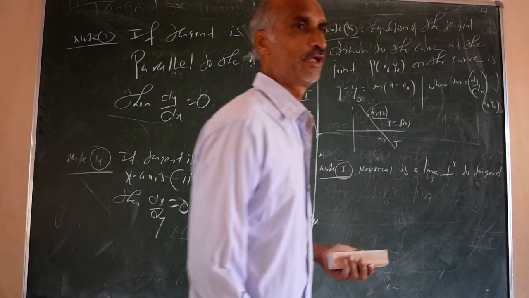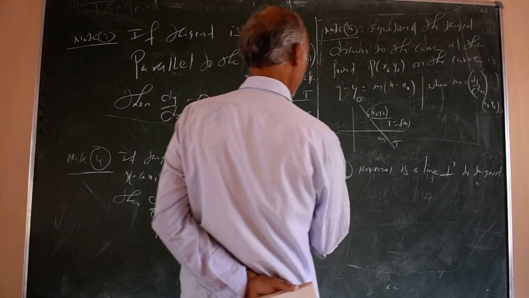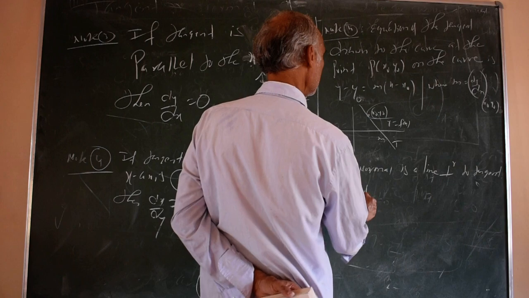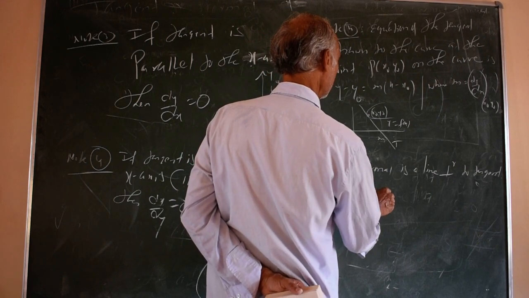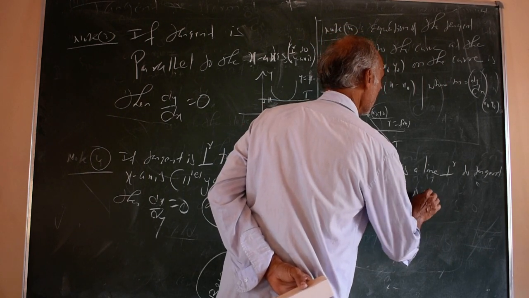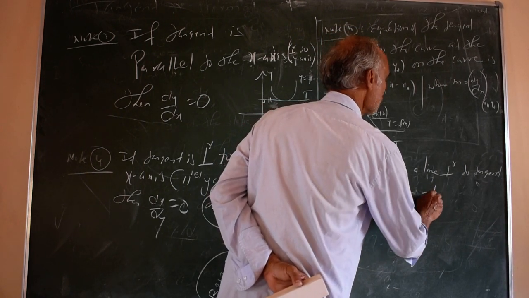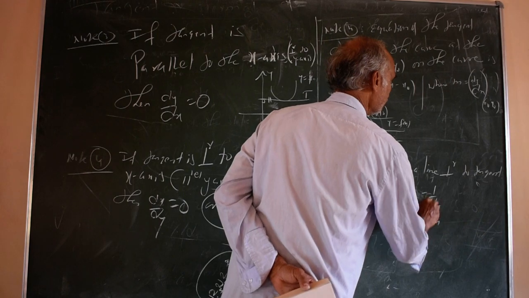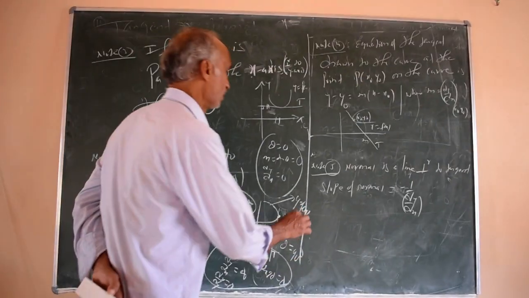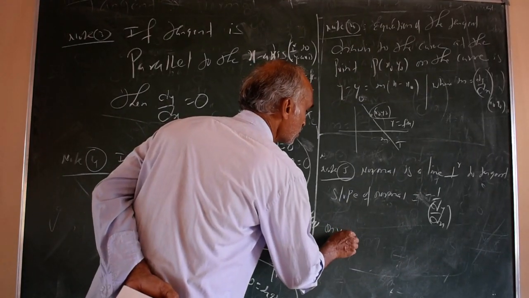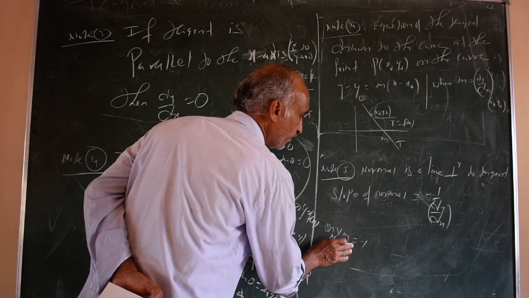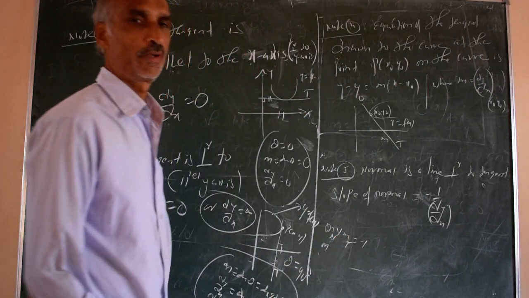Therefore the slope of the normal is equal to minus 1 upon dy by dx. Because if two lines are perpendicular, m1 into m2 is minus 1. Therefore the product of the slope of the normal and the slope of the tangent is equal to minus 1.